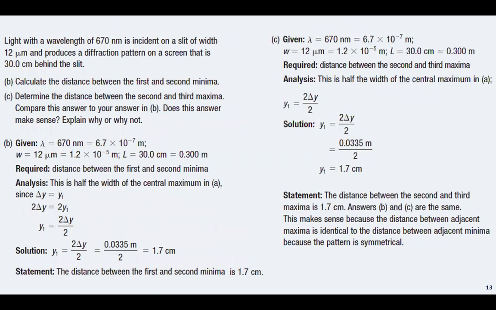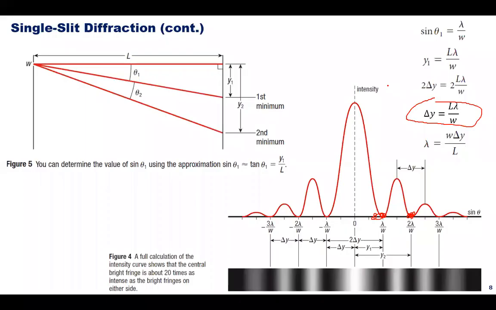Okay, next we want to find the distance between the second and third maxima, which is, as you can see here, here and here. You should expect this value is delta y again, right?